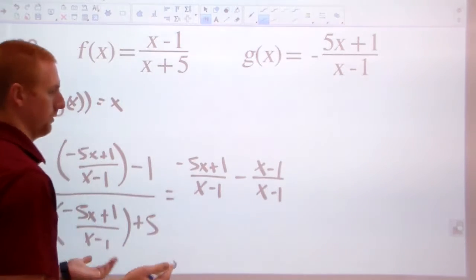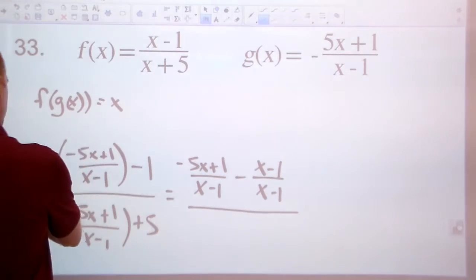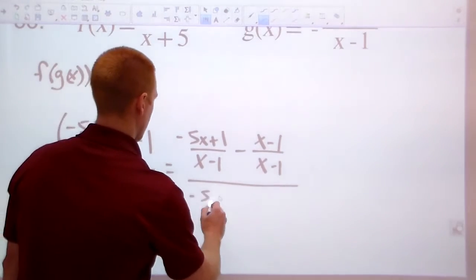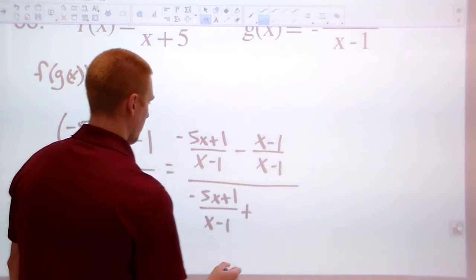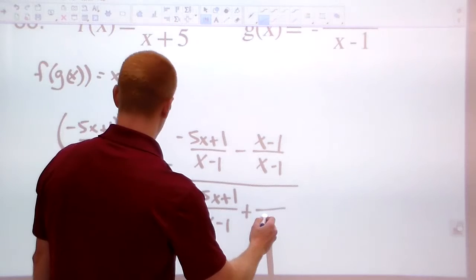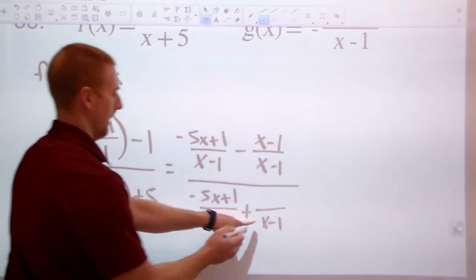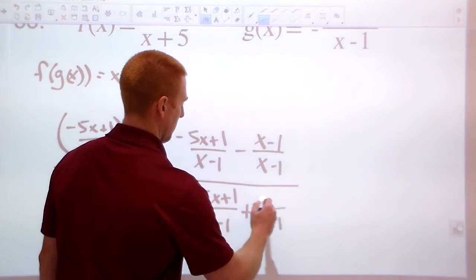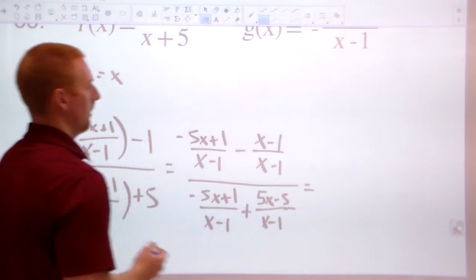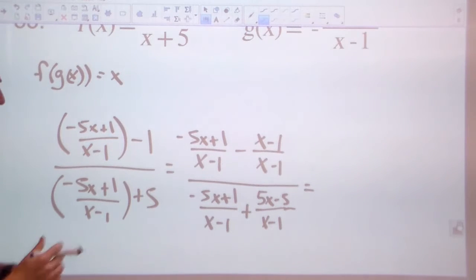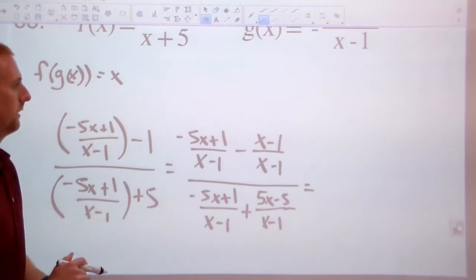So since it's just 1, x minus 1 over itself. And on the bottom, plus 5, well, we need x minus 1 as a denominator, and we need 5 times that on the top, so 5x minus 5 on the top. Let me know if you have any issues getting those common denominators, but that's how we would proceed.